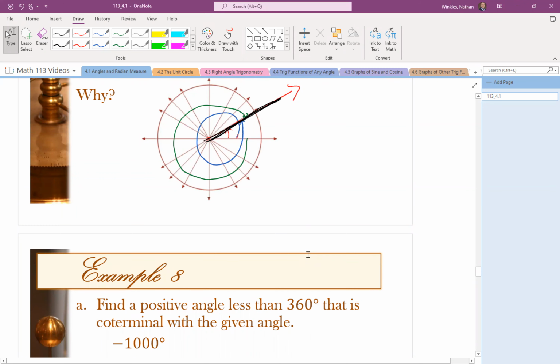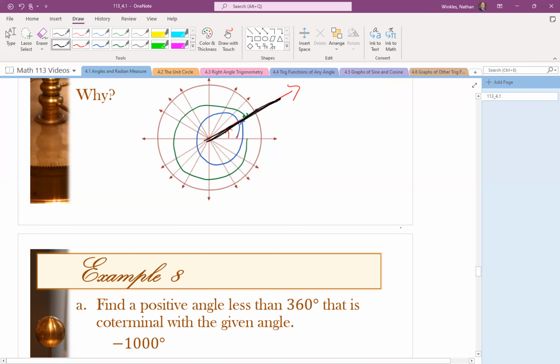So we're told find a positive angle less than 360 degrees that is coterminal with the given angle. So in other words, we want to find the first positive angle where this one is coterminal with. So in order to do that, we need to add multiples of 360 together until we make it to the first positive number.